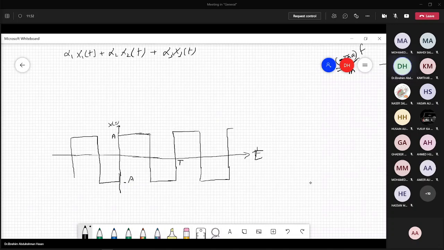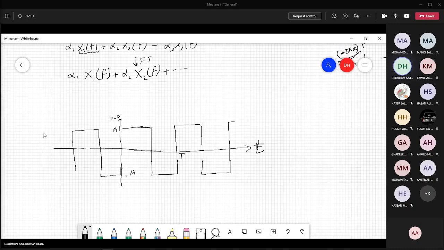So this is my x of t and I want to change it to Fourier transform. الألفا ما تأثر، فألفا تبقى ألفا كما هي. So alpha 1, we just need to change this one to frequency domain or omega domain. So then this is x1 of f plus alpha 2 x2 of f, and so on.